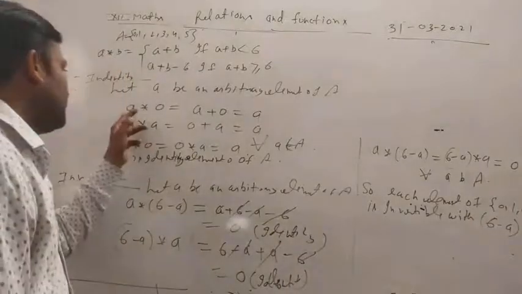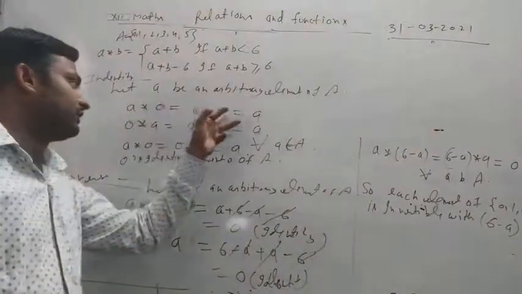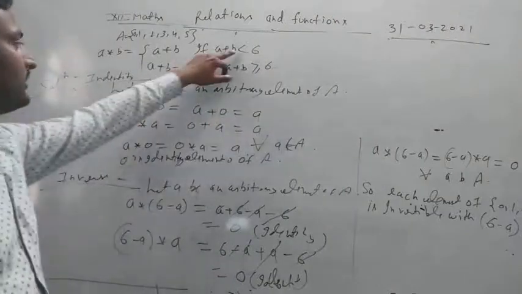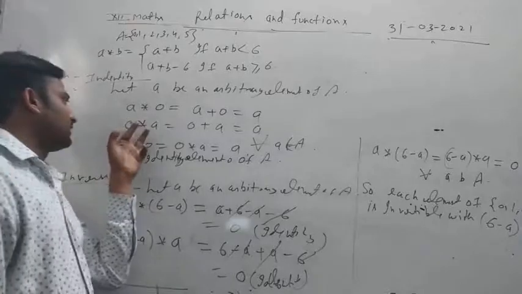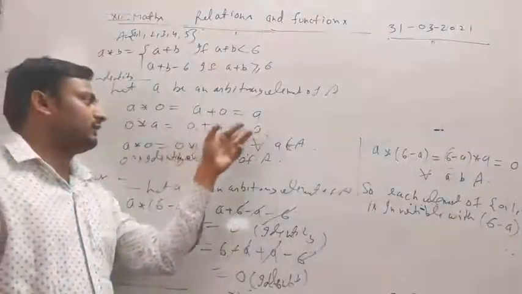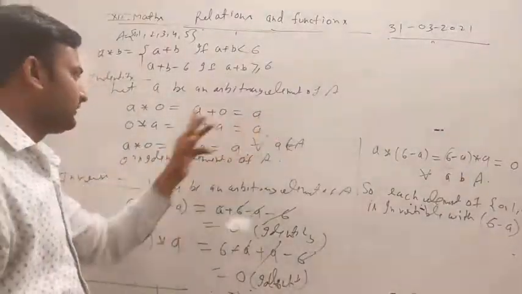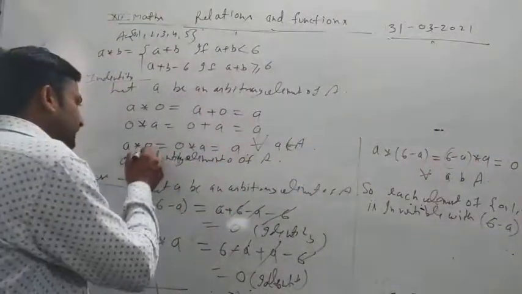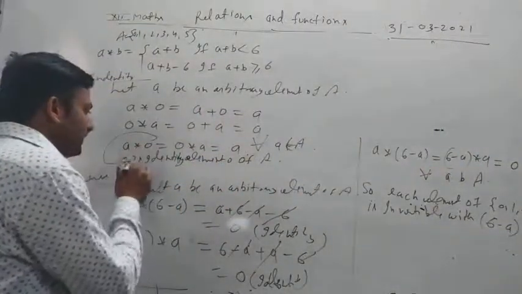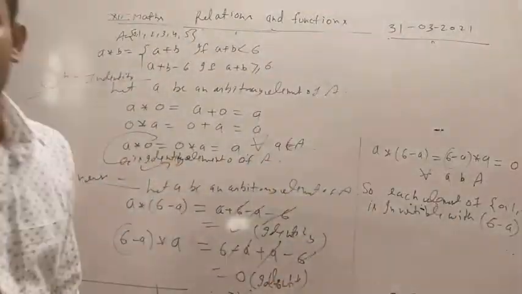So A star 0 is A plus 0, which is A, because this is less than 6, so this case will be considered. And 0 star A is 0 plus A, which is A. So in both cases we get A, which means 0 is our identity element.